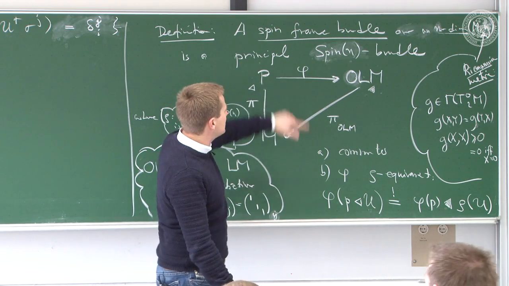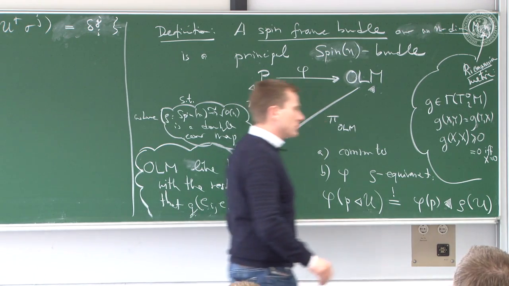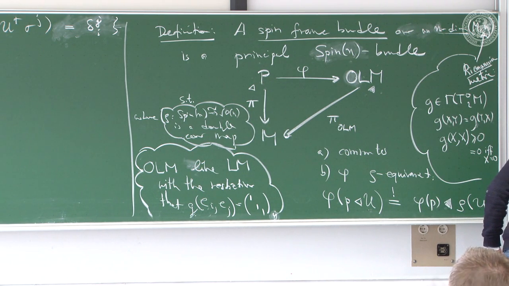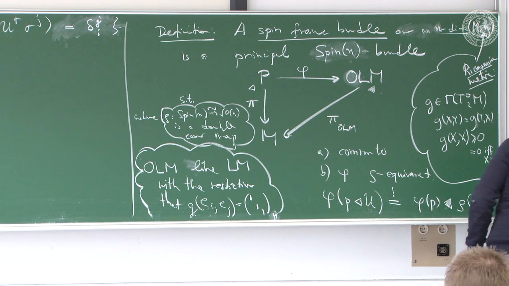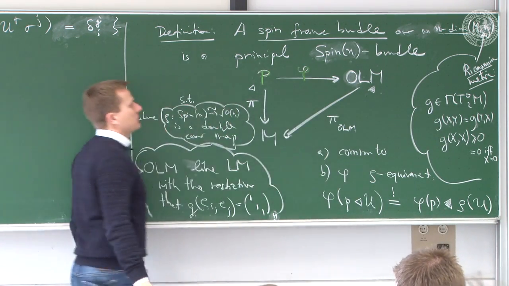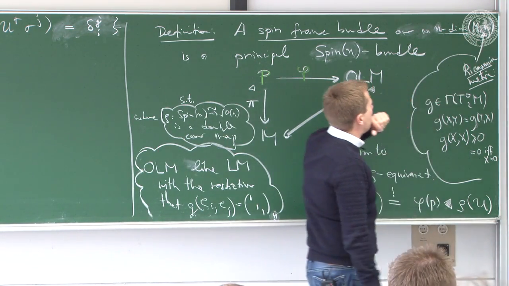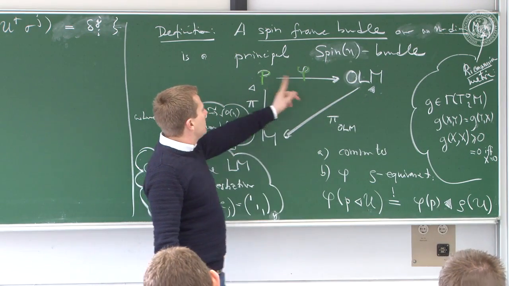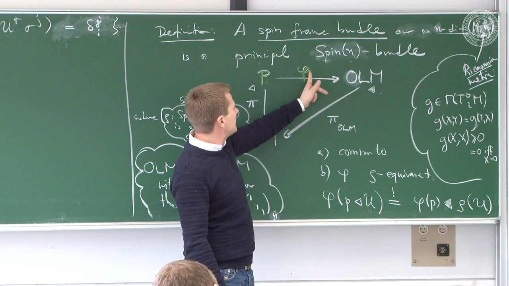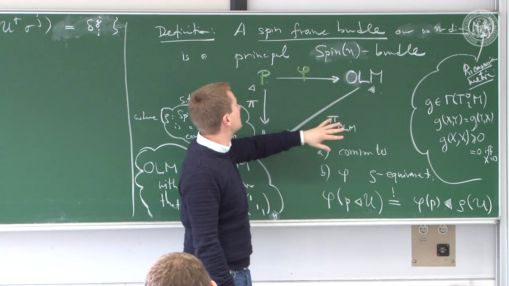Okay, so this is a spin frame bundle, and the data you need to provide for this is obviously this total space and this map into the orthogonal frame bundle. So once you're given an n-dimensional Riemannian manifold, you need to provide this spin total space and this phi such that this is satisfied, and well, this is also a double cover map and so on.